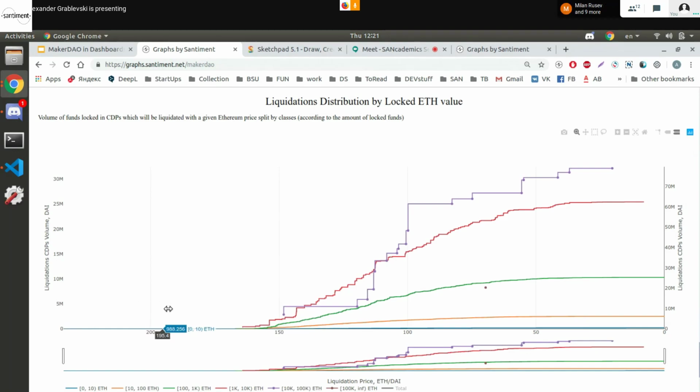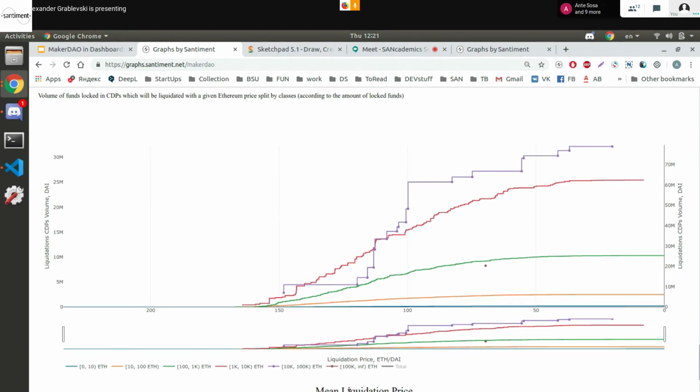If ETH is going down, there wouldn't be many problems within the MakerDAO system. So there will be a lot of small liquidations, but that's basically small liquidations. We don't care much about this. And currently you can see the only point of this big category. So that means that there's only one CDP that has locked more than 10,000 Ethereum.